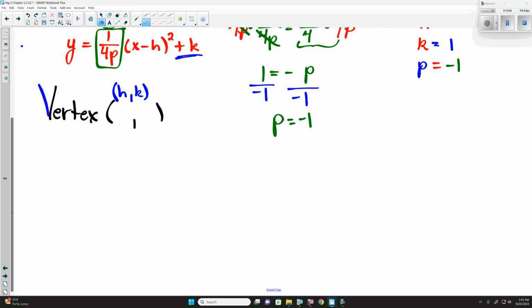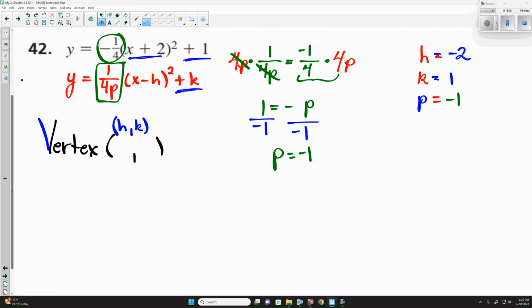Now our vertex is the point h comma k. -2, 1. Axis of symmetry. Well, for us here, it's x is equal to h, so x is equal to -2.